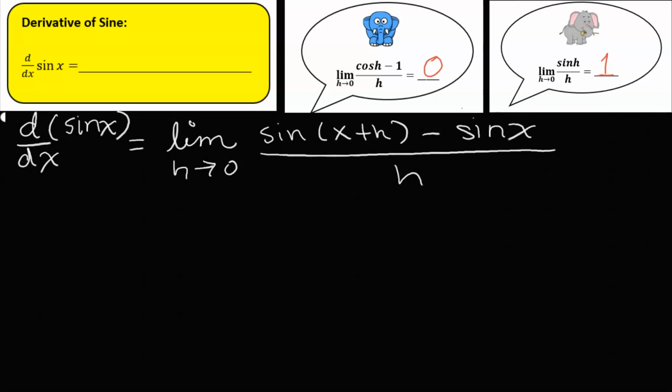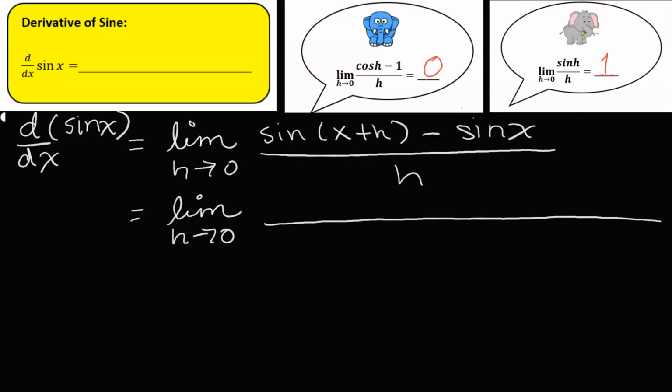Now, what is sine of x plus h? Sine of x plus h is going to be sine, cosine, cosine, sine. That's what the sum formula for a plus b is.